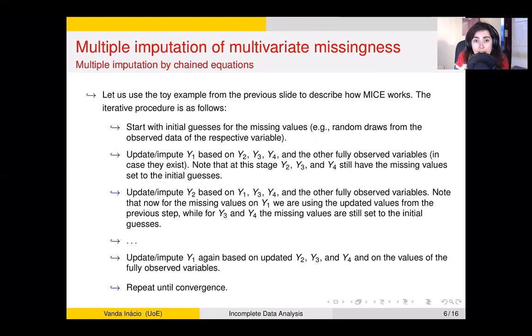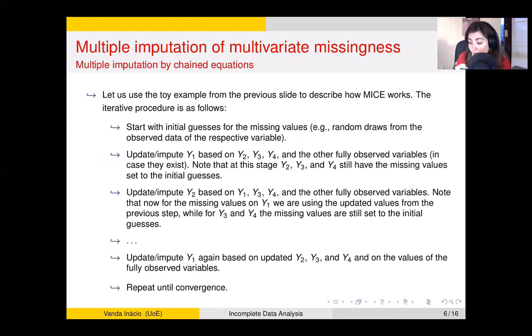And then, okay, I have already some initial guesses for the missing values, and I will use the regression model that I have specified for y1, and now I can use y2, y3, and y4 because they no longer have missing values. And I also use the other observed variables in my data set. And this is the step that I'm doing here. Then I go to y2. I do this in a sequential manner.